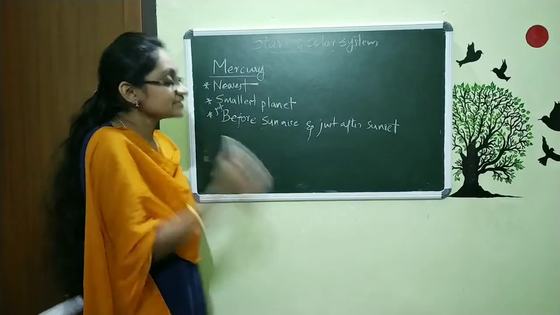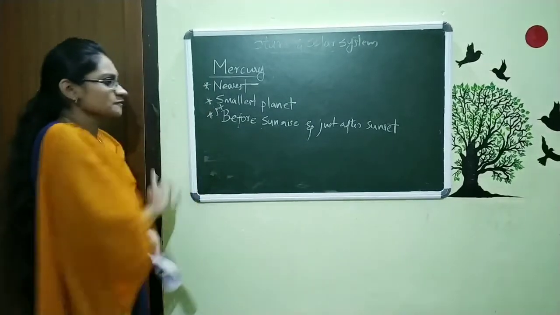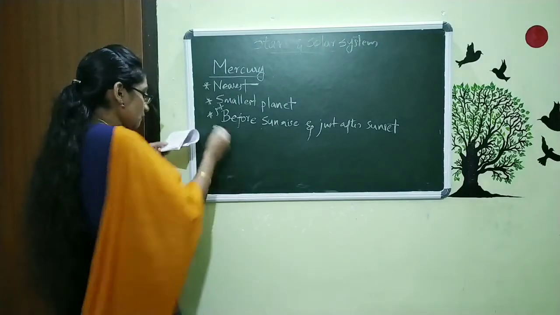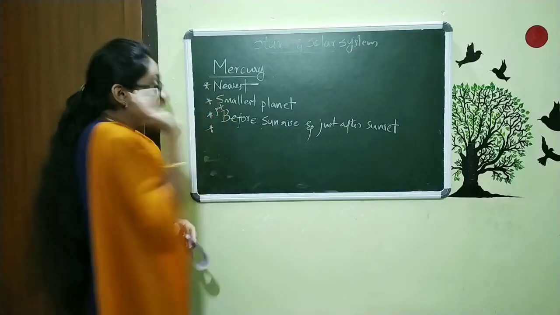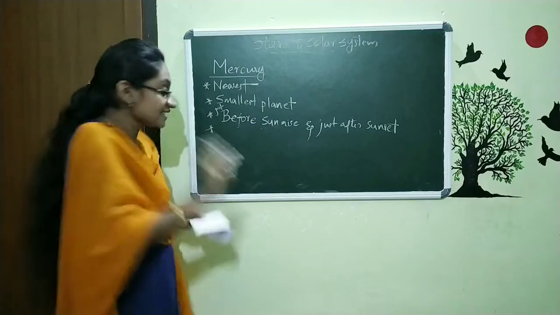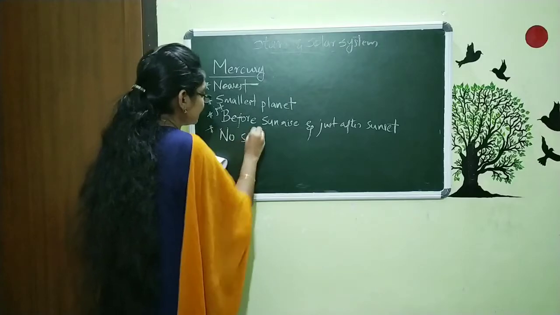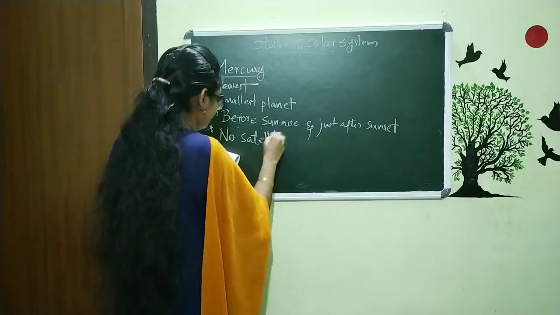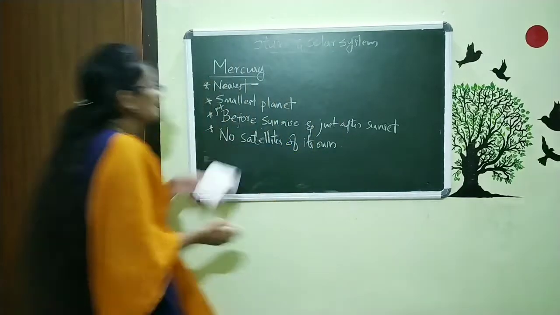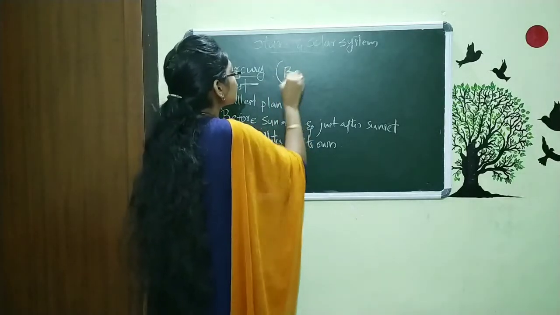It is difficult to observe, and we need very powerful telescopes. And one more point is that Mercury has no satellites of its own. So these are the points for Mercury. And this Mercury is also called Buddh.